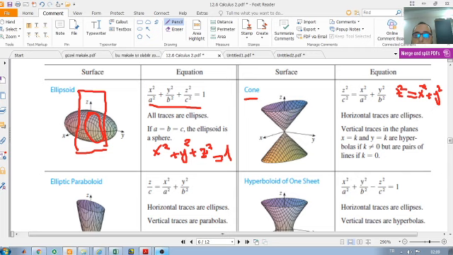We intersect this graph with a horizontal plane. If you intersect this graph with a horizontal plane, for example like this, you will obtain an ellipse. This is the intersection of the plane and the graph of the cone, and you obtain a horizontal curve for the cone, which is an ellipse.